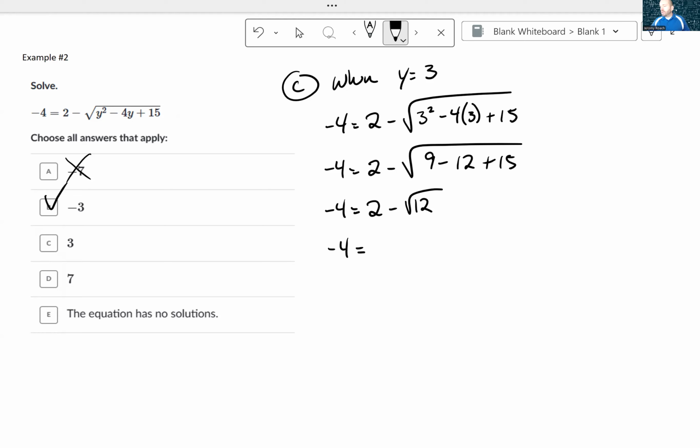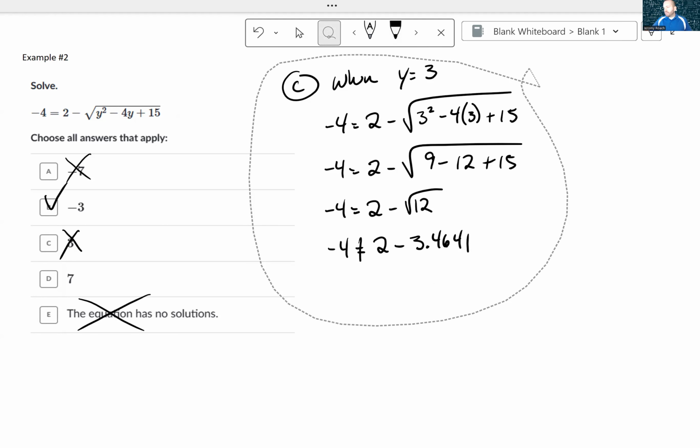Negative 4 equals 2 minus about 3.4641. And that's not equal. That would be about negative 1.4 or something. So not C either, not 3. We can cross out E. It says the equation has no solutions. Well, we found one solution, so we can cross that out. So now we just have to check D.